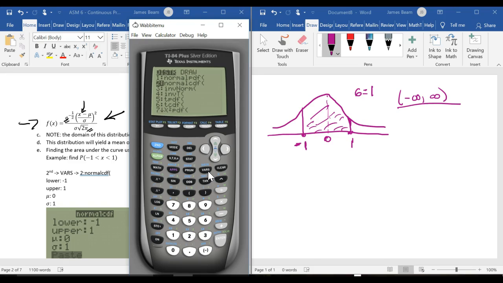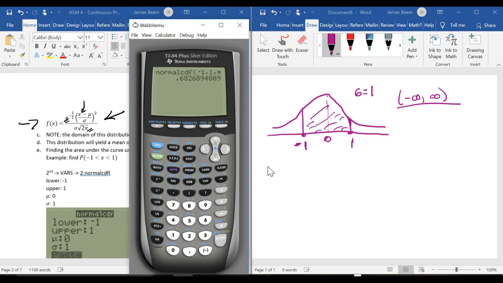Not the PDF, but the CDF, right? So I want the probability between two values. For my lower bound, I'm putting in -1. The upper bound, I'm putting in 1. This is a standard normal curve, mean of 0, standard deviation of 1. I hit paste, and I get 0.682.